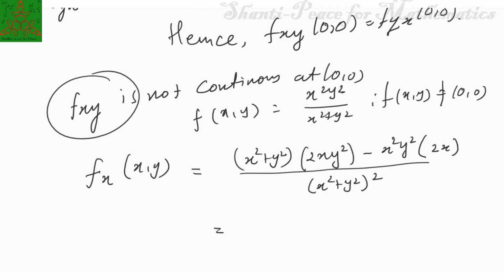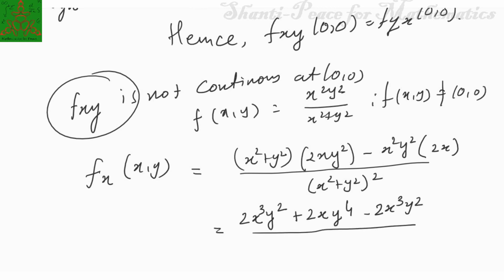If you simplify this, this will give you 2x cube y square plus 2xy raised to 4 minus 2x cube y square upon x square plus y square whole square.